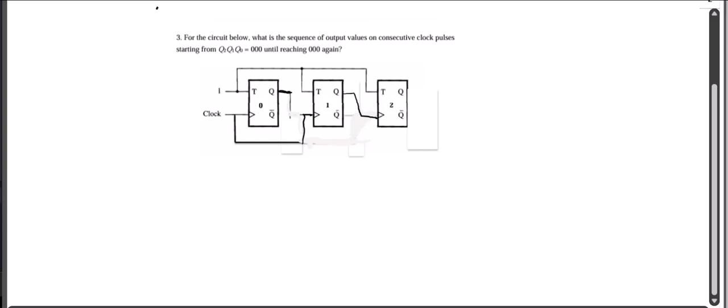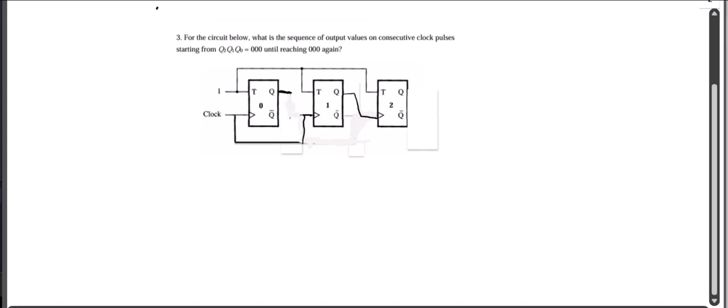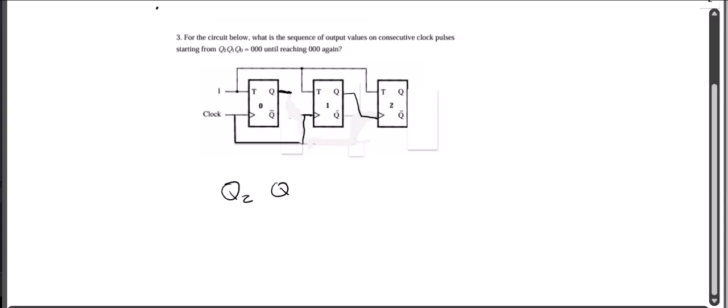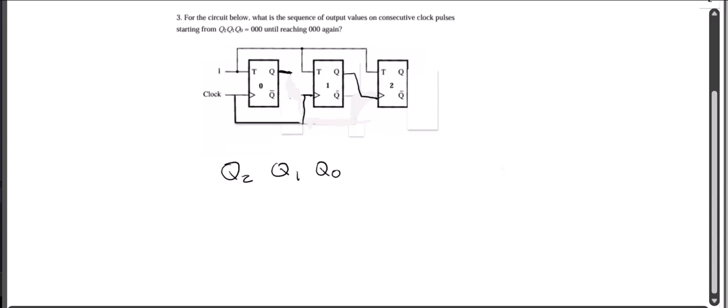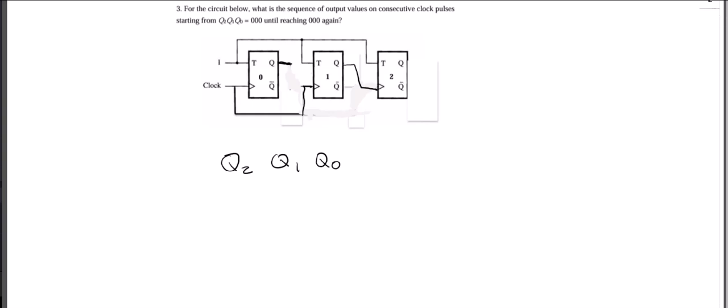It's the same idea of the circuit, just in a different order. Okay, so I have Q2, Q1, Q0. Now, keep in mind that this order is the reverse order of the way they're written up here. So just be aware of that.